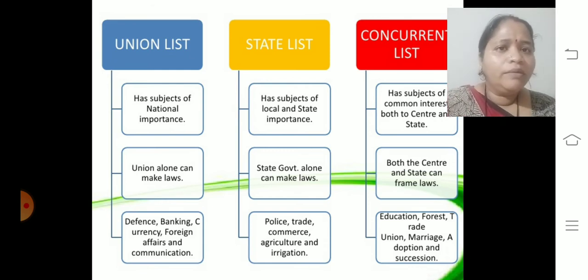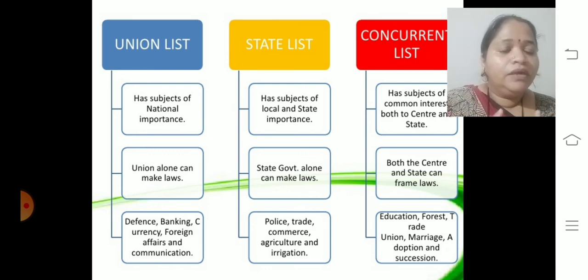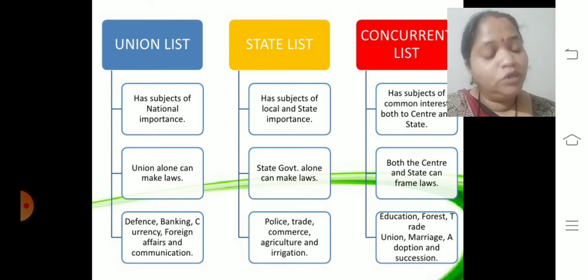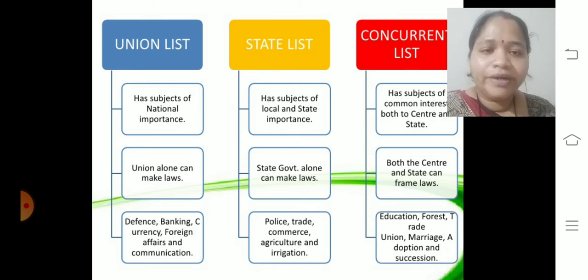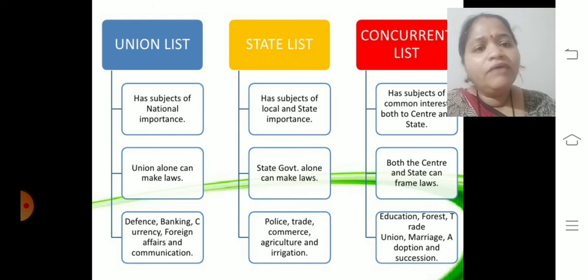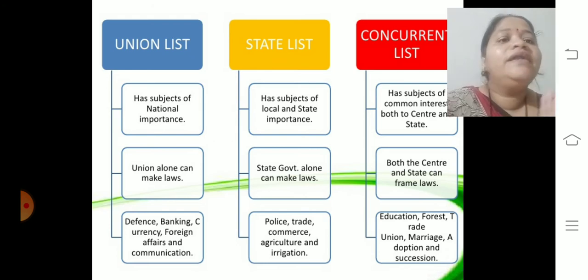When I talk about the Union List, it is the work of the central government, with subjects of national importance. It means the decision concerns the whole country and all its people. When the centre takes a decision here, it is applicable to the entire country. So the Union List has subjects of every national aspect. The State List has subjects of local and state importance.